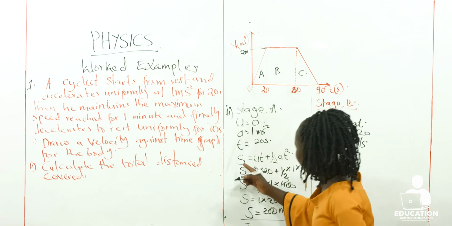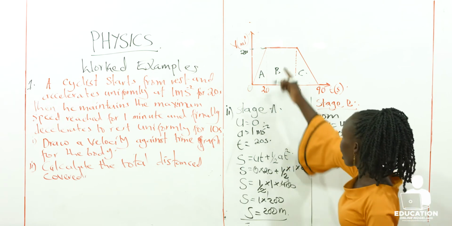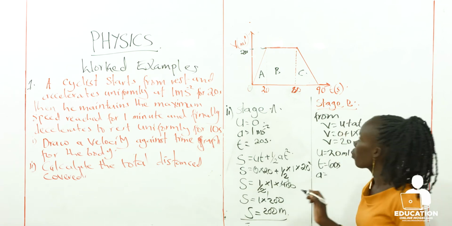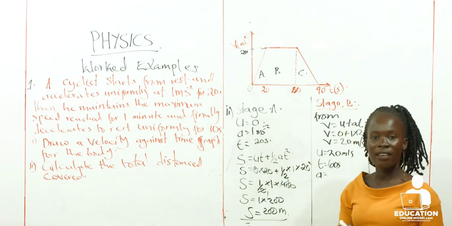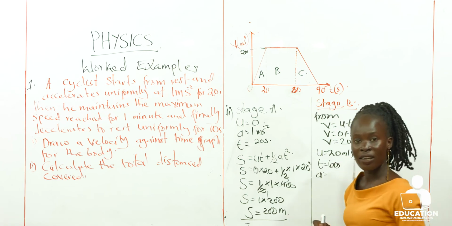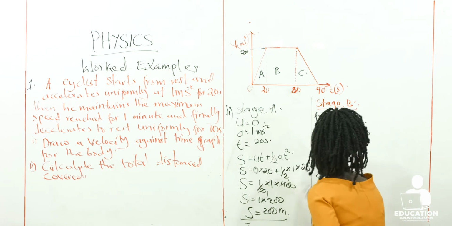Because we are going to use this same value here. We need to know at what rate was the body accelerating. But we know that when the body is moving with a uniform velocity, the acceleration at that point becomes 0. So it is accelerating at a 0 rate. So here we have it as our 0.